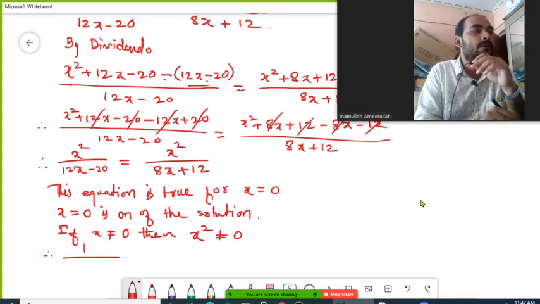When you divide it, x square will cancel. 1 upon 12x minus 20 is equal to 1 upon 8x plus 12 will be left.